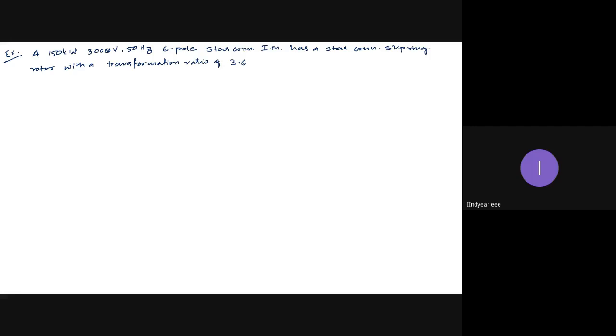The rotor resistance per phase is 0.1 ohms and, sorry, not reactance, inductance per phase is 3.61 millihenries.